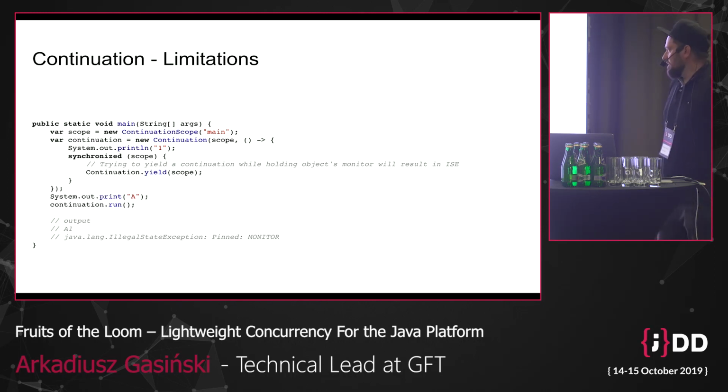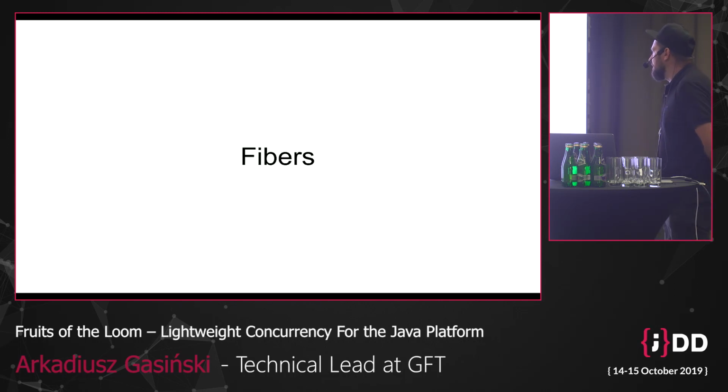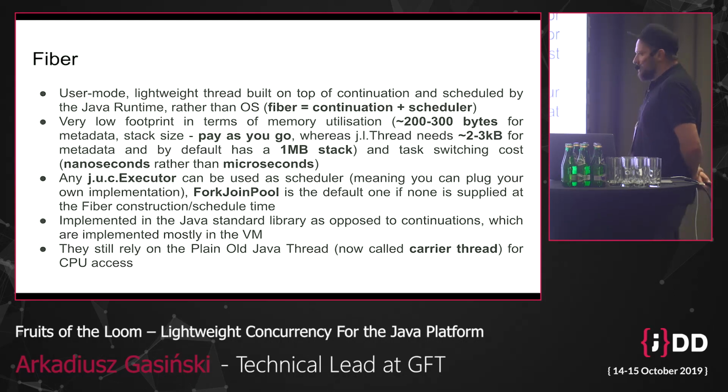Then it is impossible to yield this computation. By default, continuations throw an exception, but fibers override this behavior. So this is just an example of what happens when you try to yield the continuation when it holds a lock.